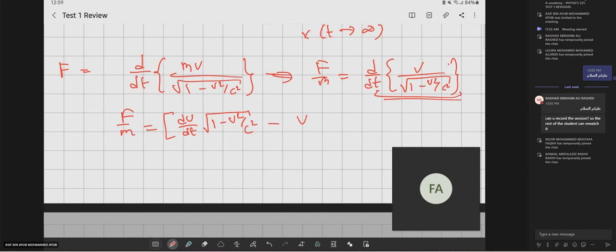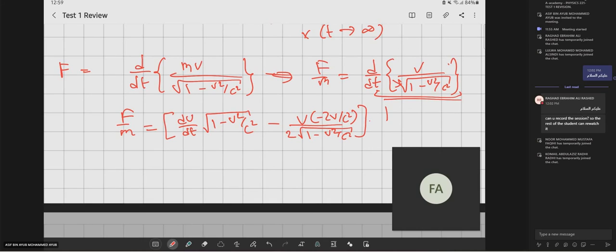minus v times the derivative of this, which is 1 over 2 square root of 1 minus v squared over c squared, times the derivative of this thing, which is simply minus 2v over c squared. I have an extra factor of c squared in here. So what will I get?